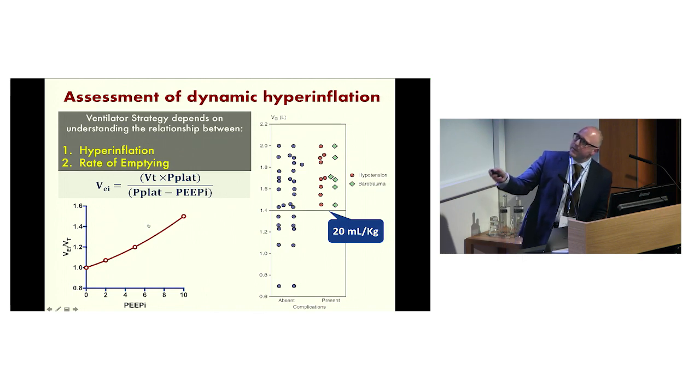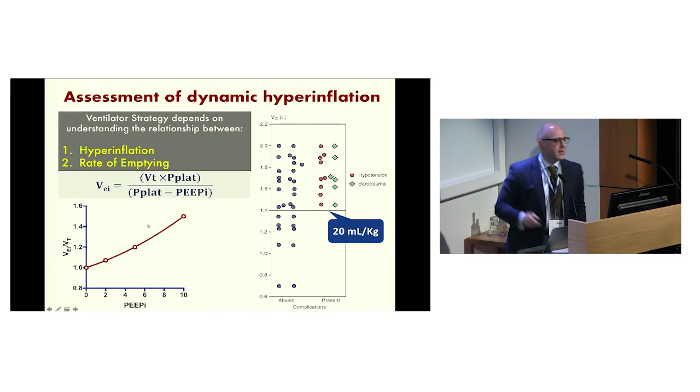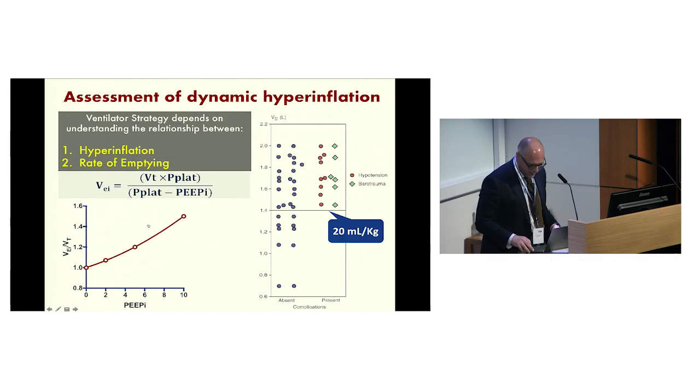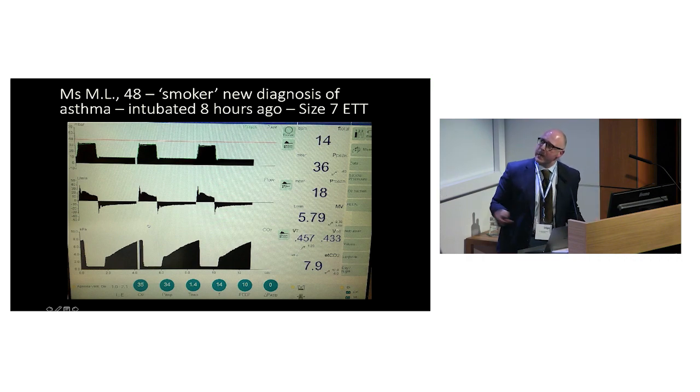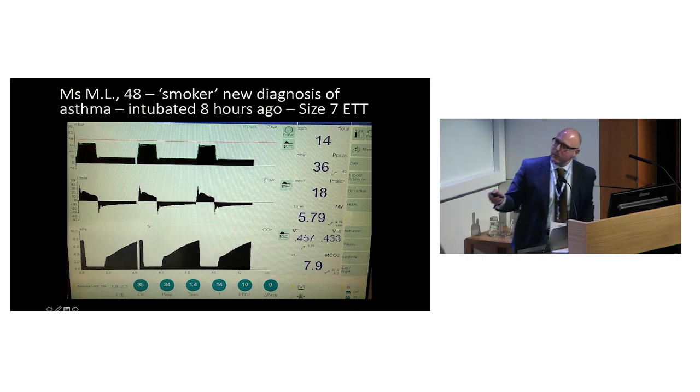And the volume that is trapped in the chest is what causes barotrauma and hemodynamic instability. So this is much more important. There is this ratio of 1.4 or 20 mils per kilo that has been shown in the literature to be the real cut-off point. I think it's the last quiz, if you don't mind.